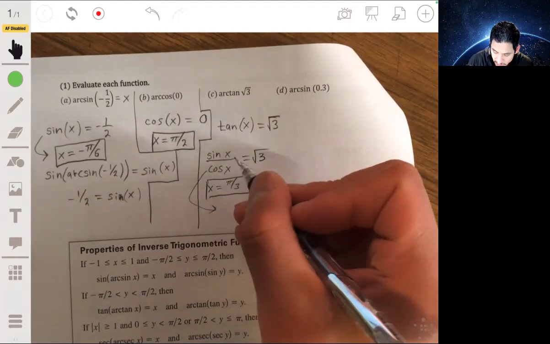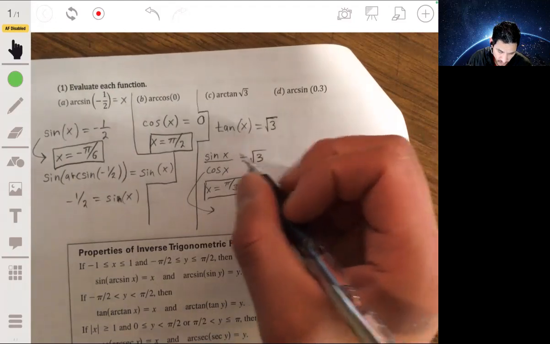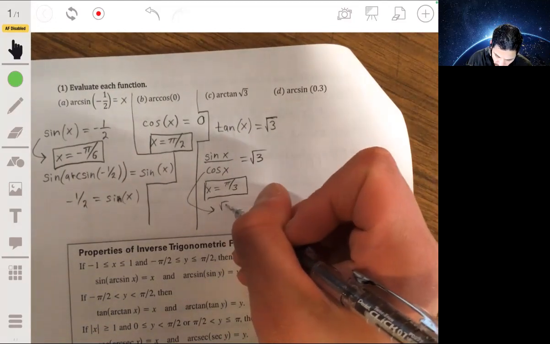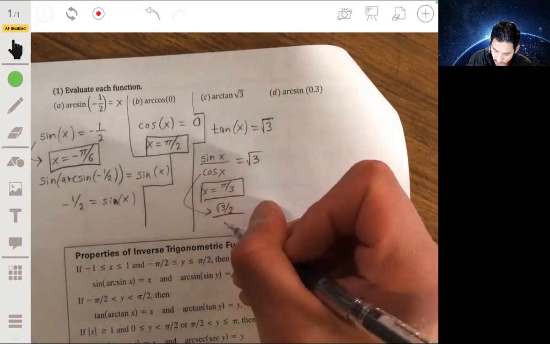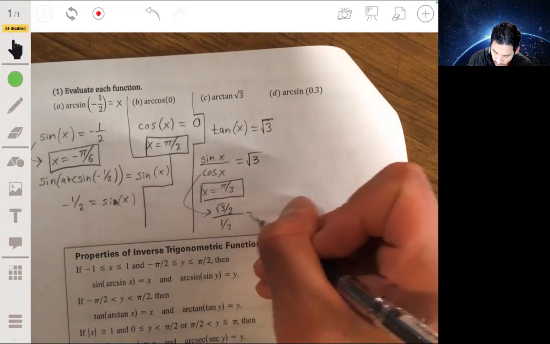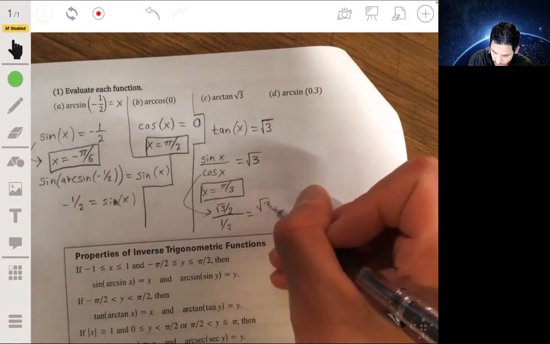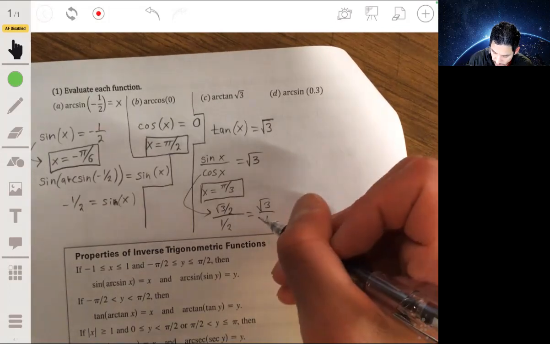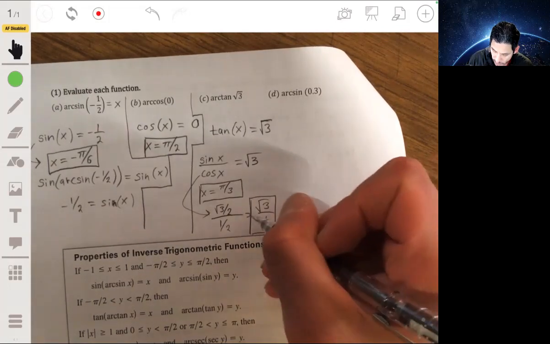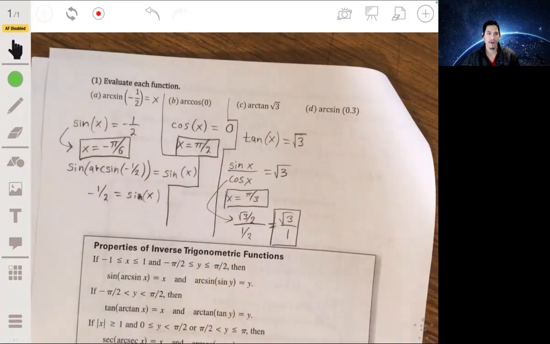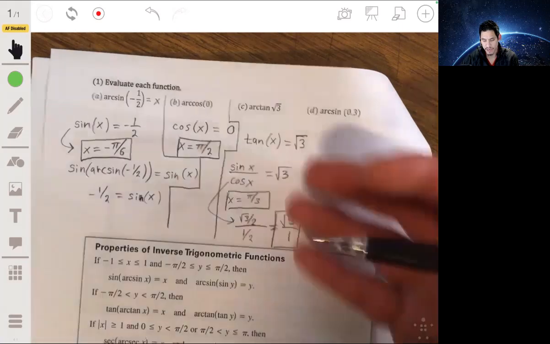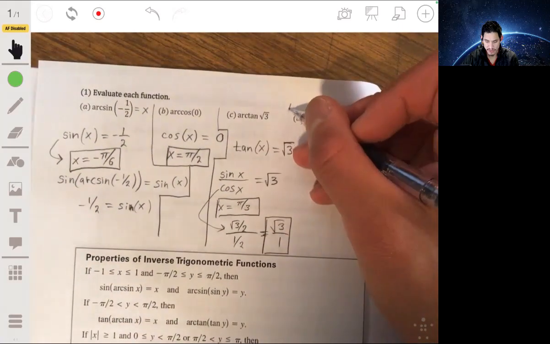That's because the sine of pi over 3 is root 3 over 2, and the cosine of pi over 3 is 1/2. And that just becomes root 3 over 1. Once you practice this stuff a lot, it just becomes second nature. It's not something you even have to think about.